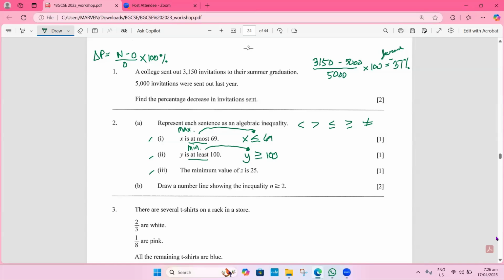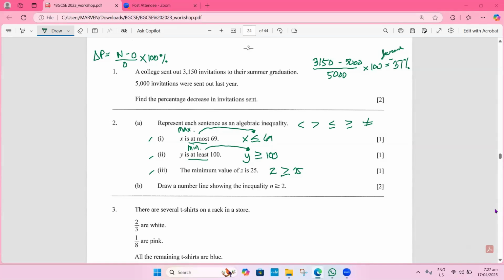And therefore, how are you going to translate statement 3? It is the minimum value of z is 25. So z's minimum value is greater than or equal to 25. Okay?